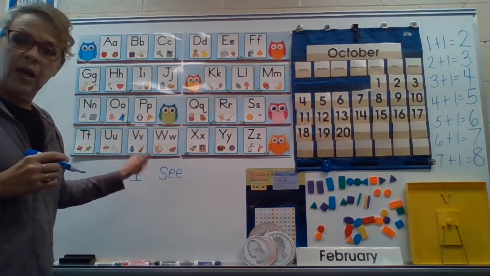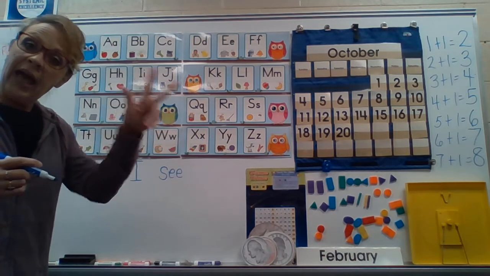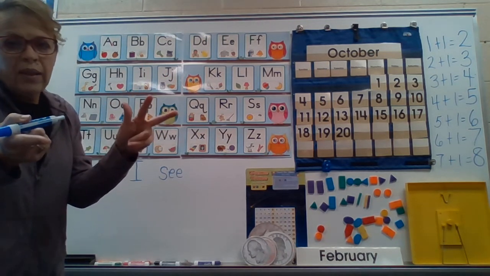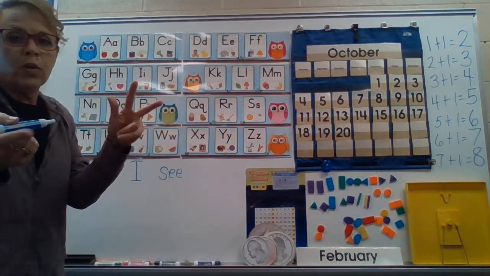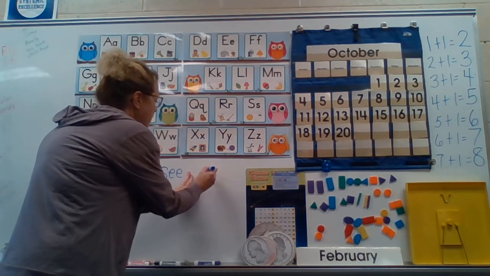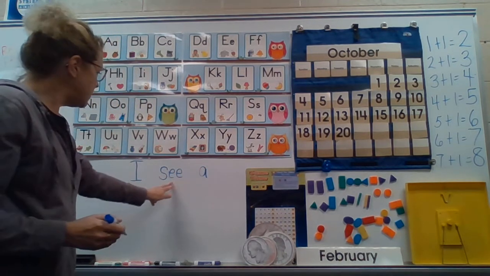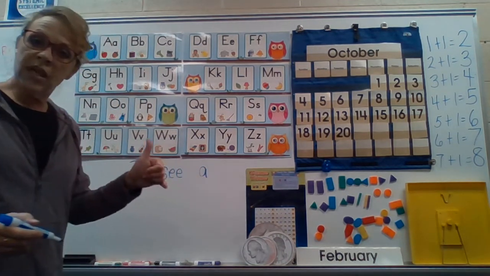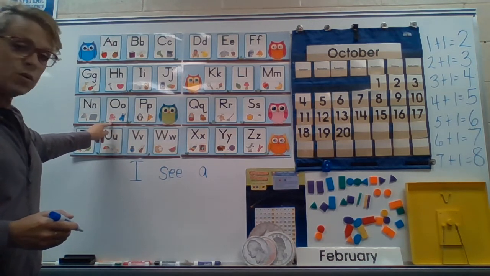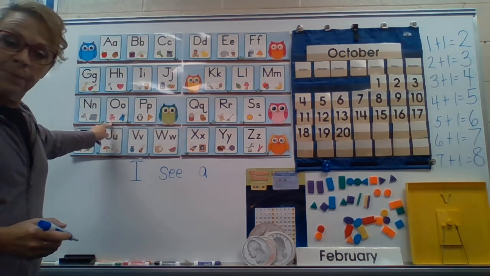Okay. I see A. Now there's another one of those sight words that's just one letter. It just takes one letter to spell the word, and it's A. Leave a space. I see A, and then I use that color word because in this picture the octopus was this color, pink.